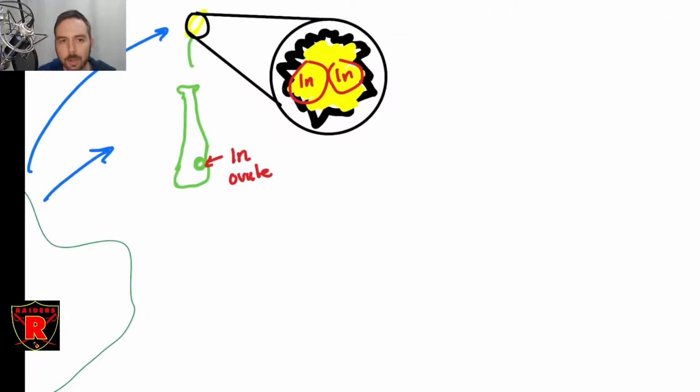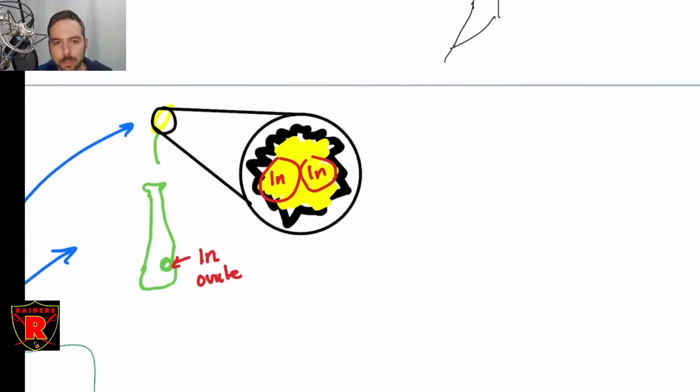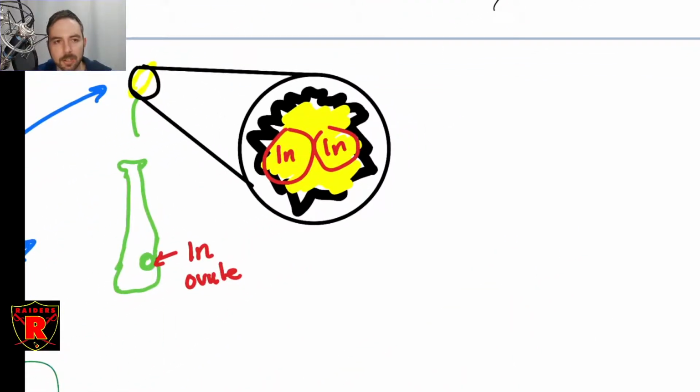So this adult sporophyte has produced two things which are no longer diploid. They're haploid. They only have half of the normal complement of DNA.